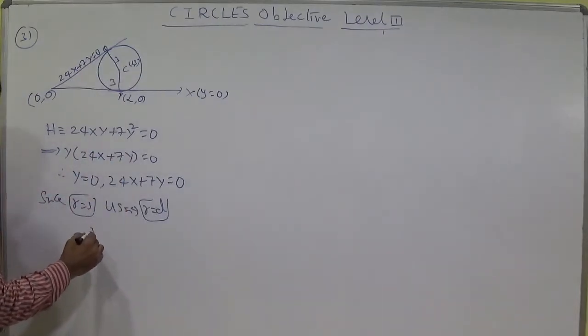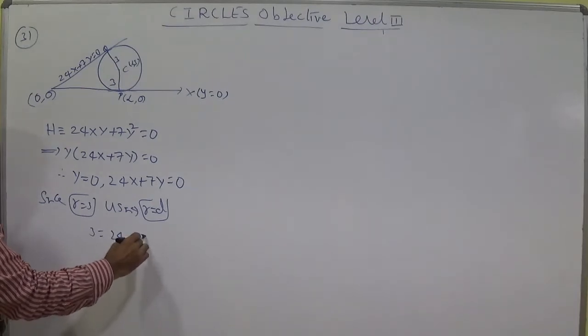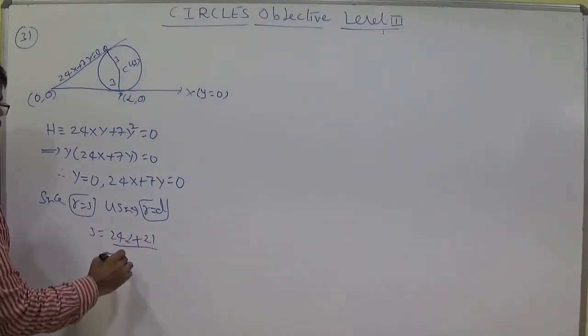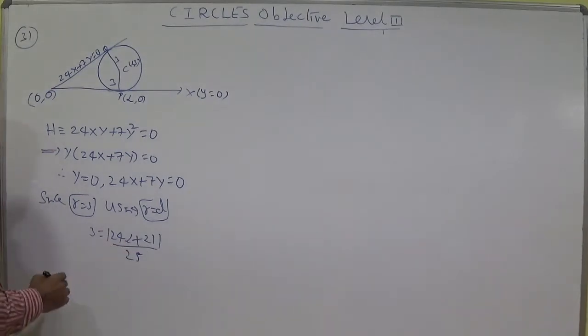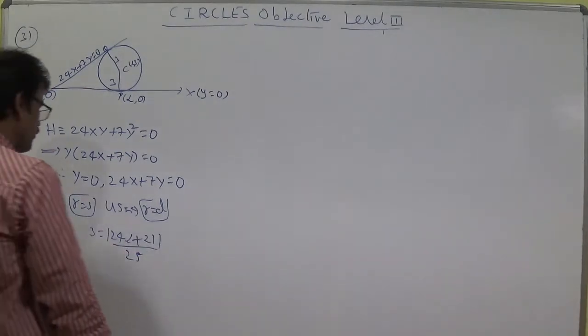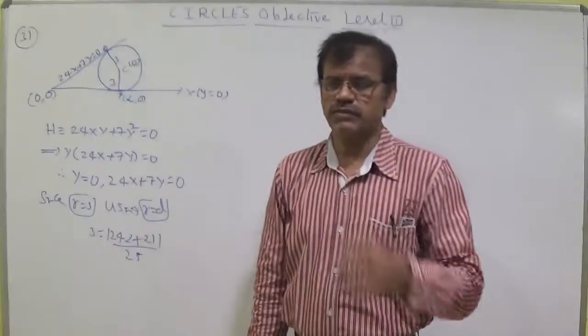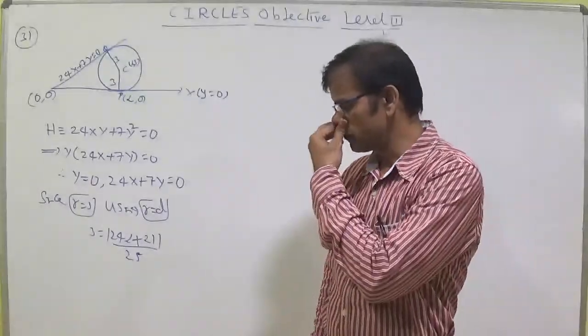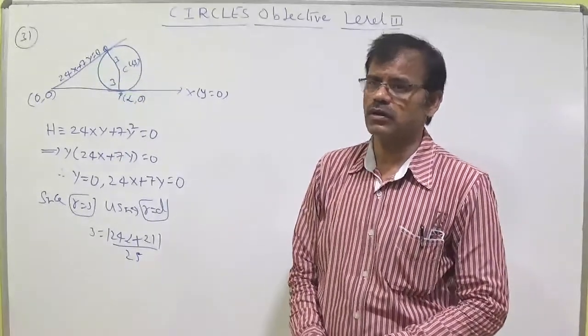So D, this is 3 is equal to (24 alpha plus 7 times 3, that is 21) by 25 over modulus. 25 times 3 is 75, so 24 alpha plus 21 is equal to 75. 24 alpha is equal to 75 minus 21, it is 54. Alpha is equal to 54 by 24.